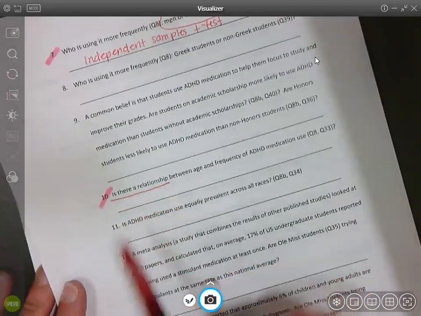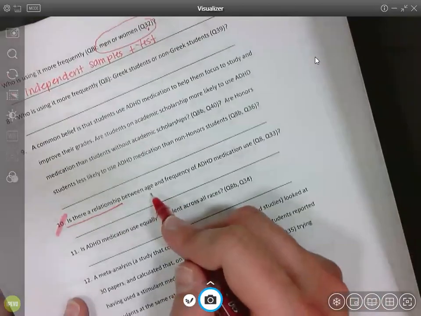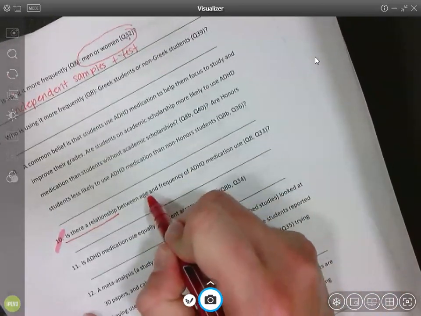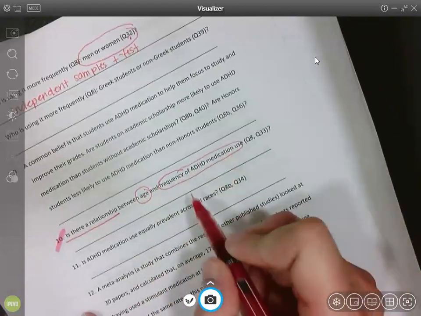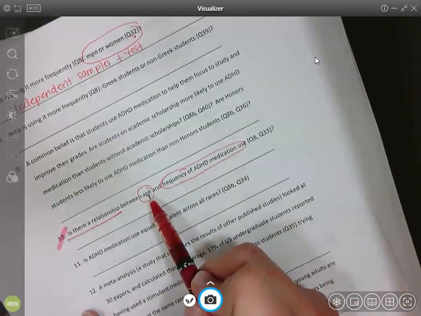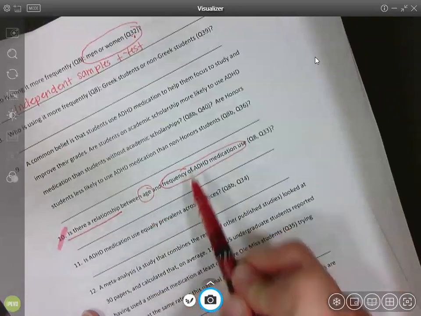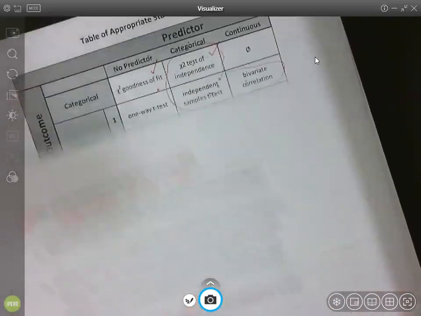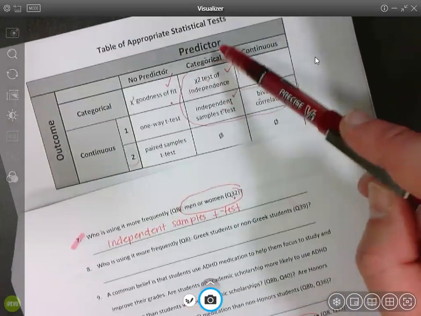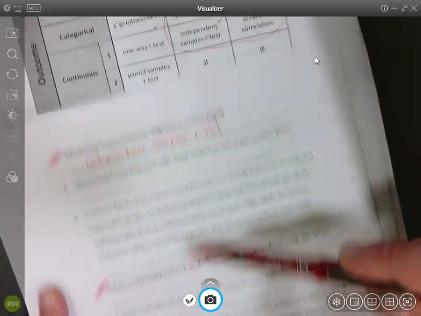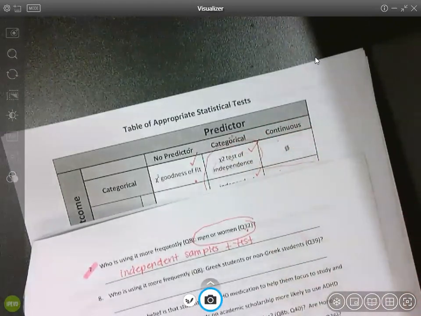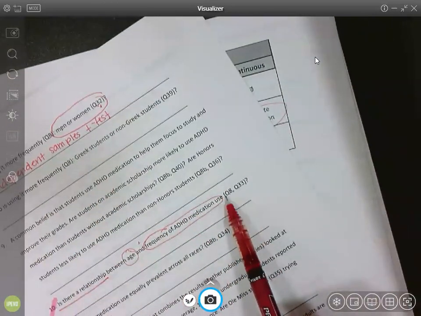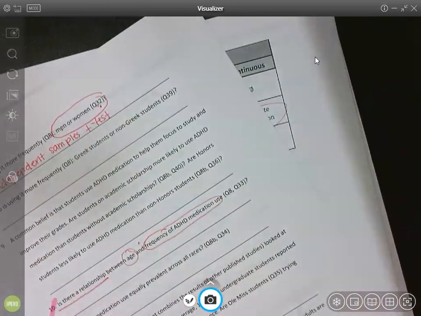The relationship we're looking for is, does age predict frequency of medication use? If I know how old someone is, could I use that information to predict how often they're taking ADHD medication? The question we have to ask next is, is our predictor variable, age, being measured on a categorical or a continuous response scale? Q33 tells us right here. We know Q8 is the frequency of use, so Q33 is age.